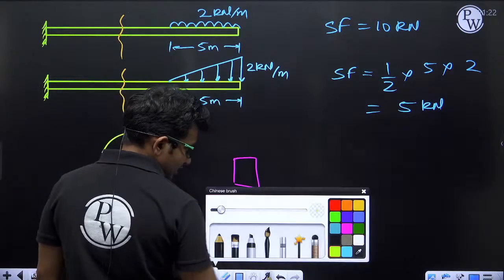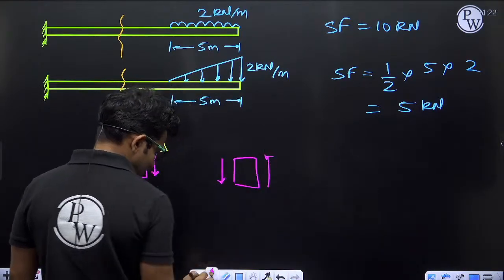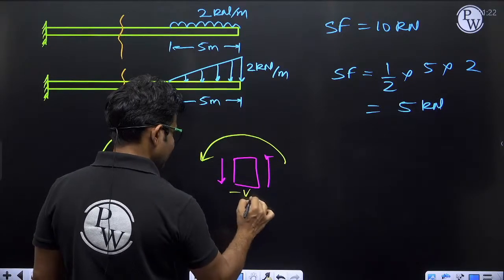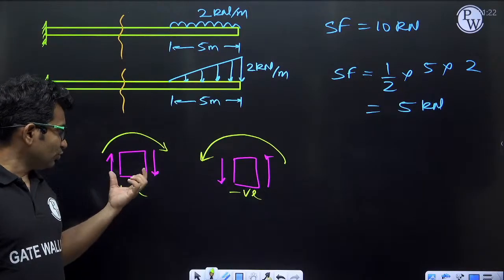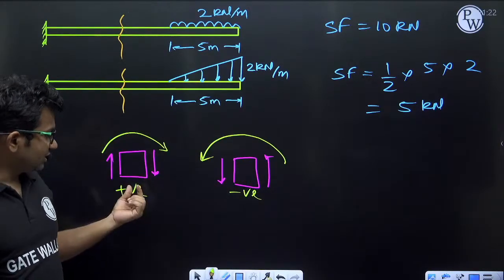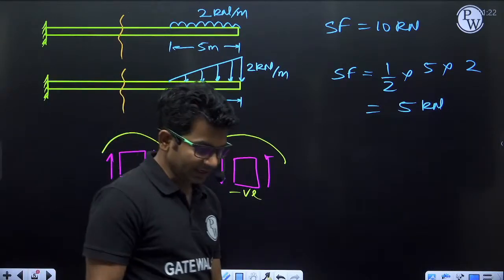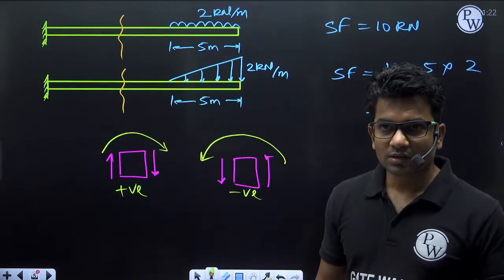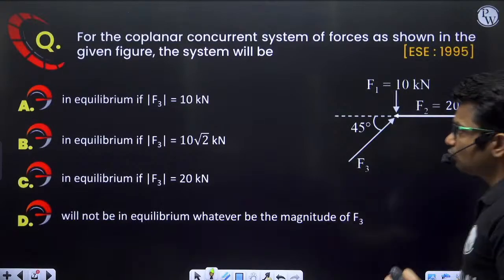And if the force is giving anti-clockwise rotation to the element, it will be negative. So if these forces are giving clockwise rotation, shear force will be positive. If these forces are giving anti-clockwise rotation, shear force will be negative. Is it clear? Right? So let's move on to questions now.